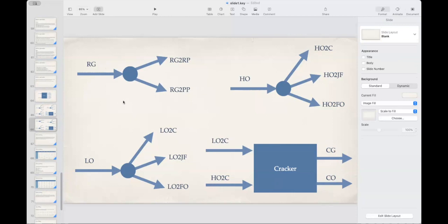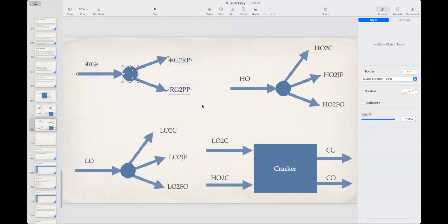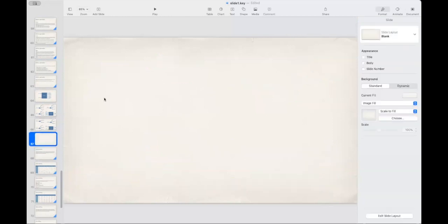Okay, what about the next one? We follow the CG.